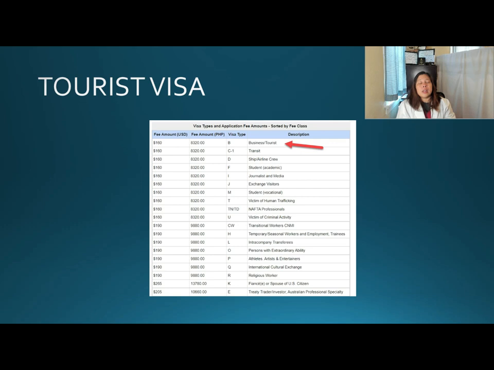The National Physical Therapy Examination can only be taken in the U.S. mainland or in U.S. territories. That means you have to apply for a B1 or B2 tourist visa. You have to apply to the U.S. Embassy, where you will be interviewed for a tourist visa. Currently, it is $160.